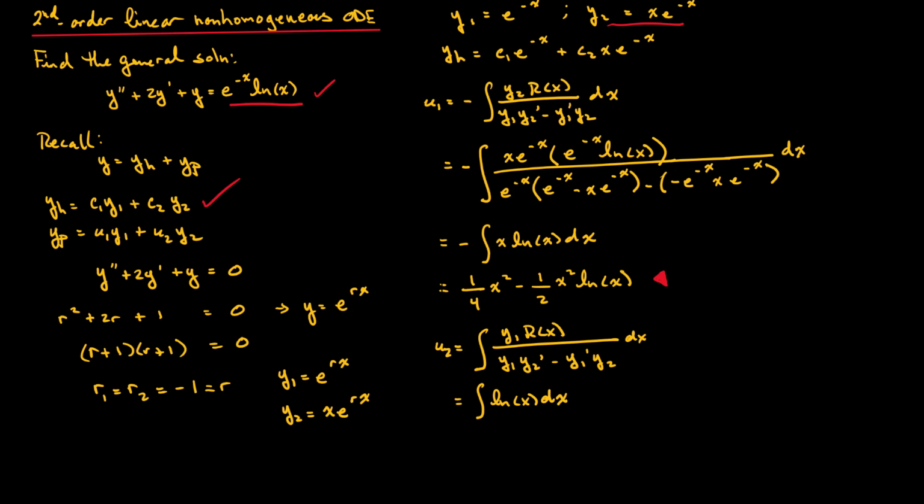And again, I would encourage you to pause the video and try to come to the same form of an integral. Evaluating this integral, and again, you can use any integral table, you will find that it is equal to x ln of x minus x. And here is our solution for u2.